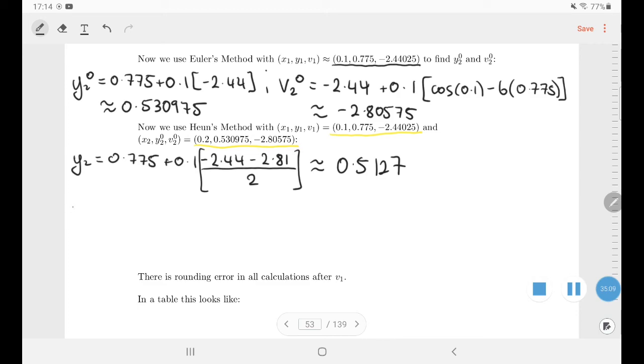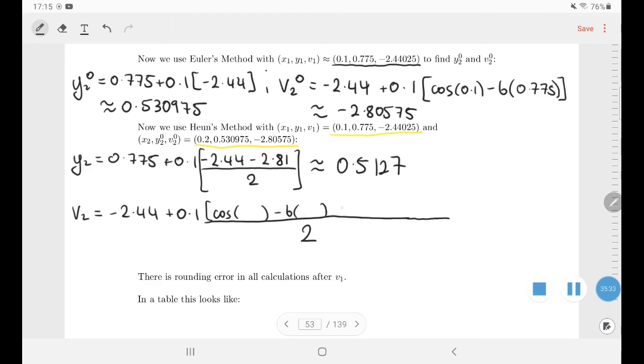And then how about V2? So V2 is the previous V value, which is this minus 2.44, plus step size 0.1, and now average two slopes. Now both of the slopes are of the form cos x minus 6y. So cos of something minus 6y. And the other one is also cos of something minus 6y. So this is using the previous x value. So now when we look at the table, maybe some of this will be explained better.